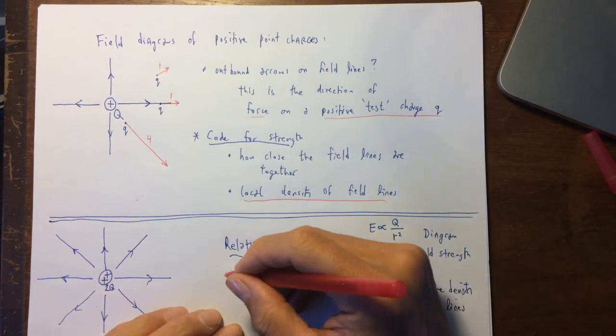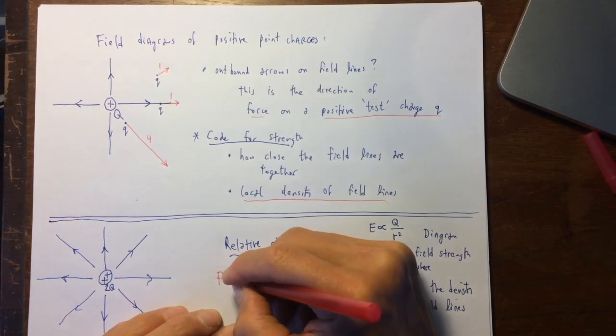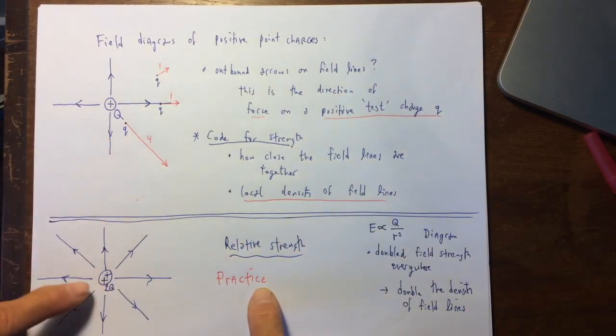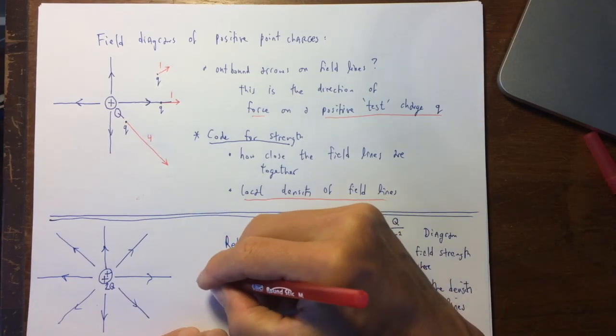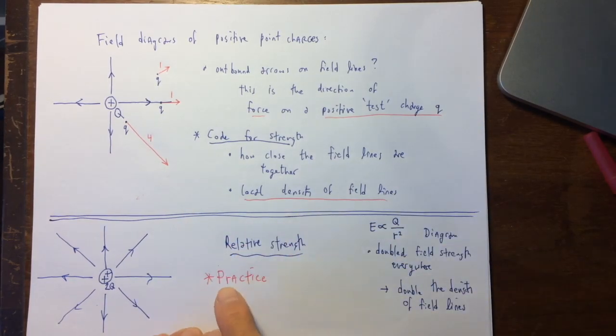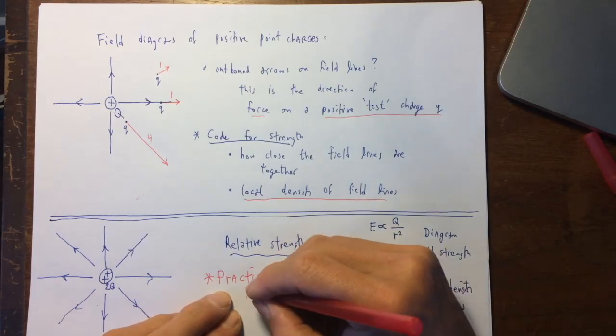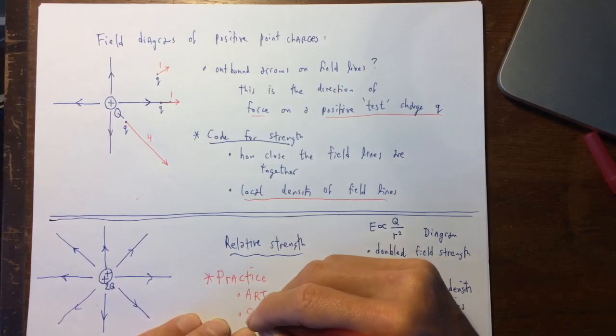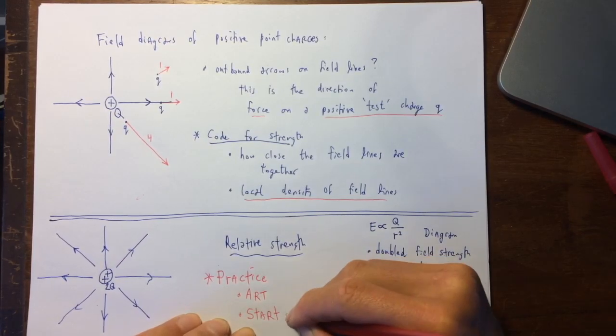When you're solving a problem and you want to draw a field line diagram, you'll be practicing building up these field line diagrams and learning the art. So it is an art, right? And sometimes you just need to start over.